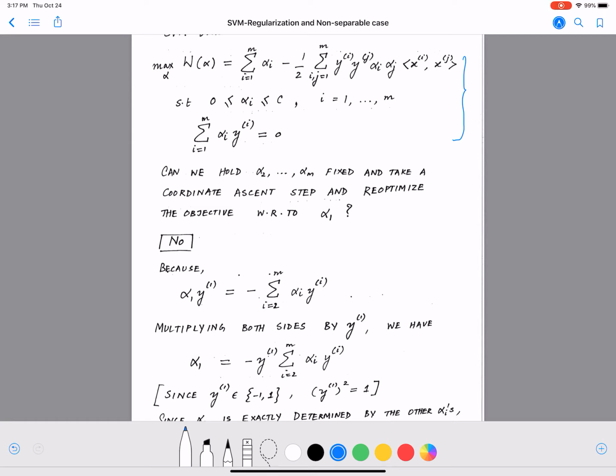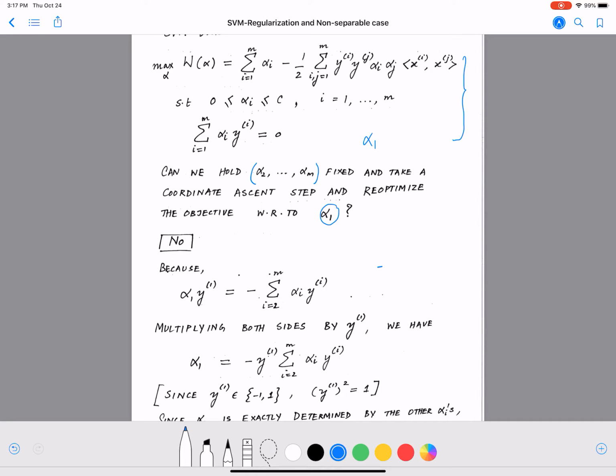Now, for this problem, can we hold all the alpha i's fixed and only update one alpha i? Suppose we are going to only update alpha 1 and we are holding alpha 2 to alpha m fixed. Would it be possible to update one and hold all the others fixed?